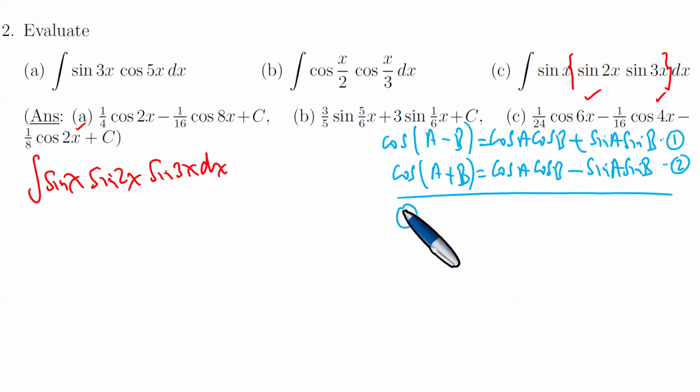So that you add them up. You add them up. Cosine of A minus B. Now you need to subtract them. You subtract this, like 1 minus 2.